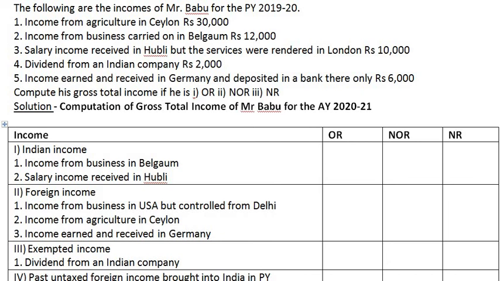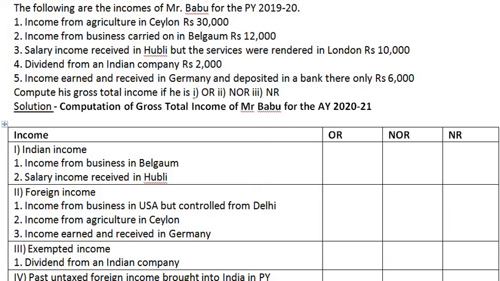If it is so, consider that point as Indian income and ignore the rest of the part. That means salary income received in Hubli means any income received in Hubli is Indian income. Ignore the part that the services were rendered in London. Therefore, the third one is to be considered as Indian income and taxable to ordinary resident, not ordinary resident and non-resident.